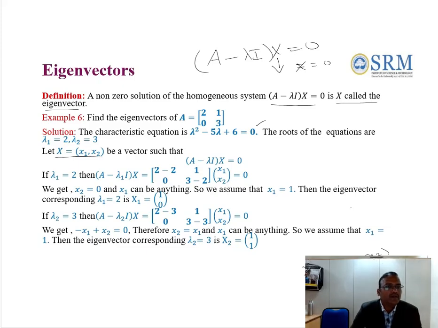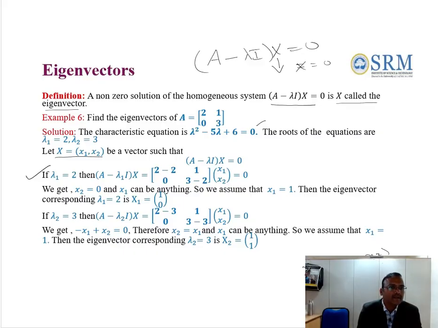Okay. Now we have two values for lambda, lambda 1 equal to 2 and lambda 2 equal to 3. For each lambda we have to find out one vector, right. Now let us take the first eigenvalue lambda 1 equal to 2 and then replace lambda by lambda 1. Therefore we will get the matrix equation a minus lambda 1 and I, okay, that is 2 minus, if you replace lambda 1 by 2, that is 2I.